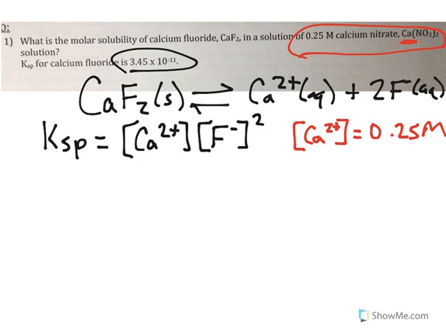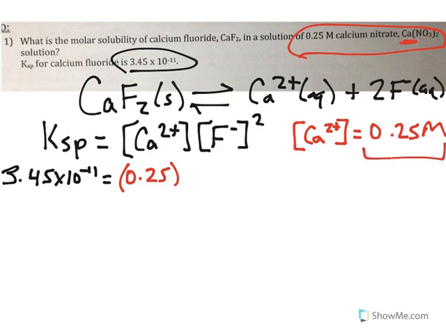So when I go to plug in some information here, this KSP is 3.45 times 10 to the negative 11th. The concentration of the calcium is 0.25.